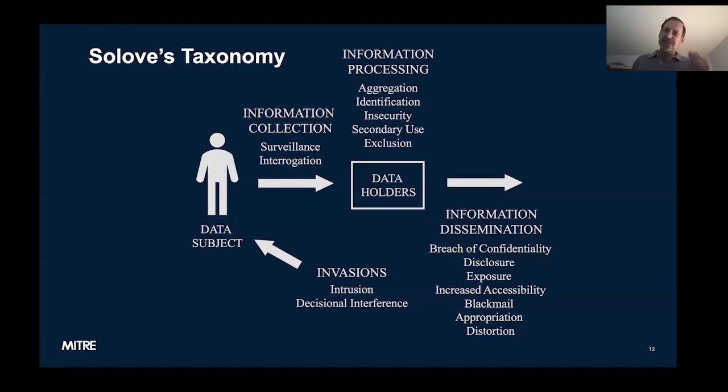And then he set about developing a categorization for the things that he observed. And what you see here in front of you is that categorization. There are 16 of these things, which fall into 4 larger buckets. And this is our basis, or has been our basis, in developing MITRE Panoptic for what does or doesn't constitute a privacy harm.